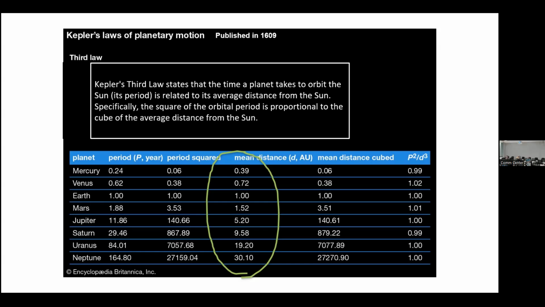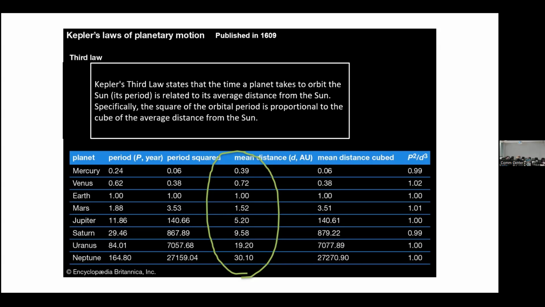So using Kepler's third law, he devised this table, up to Saturn, because at the time of Kepler, Saturn was the end of the known solar system.